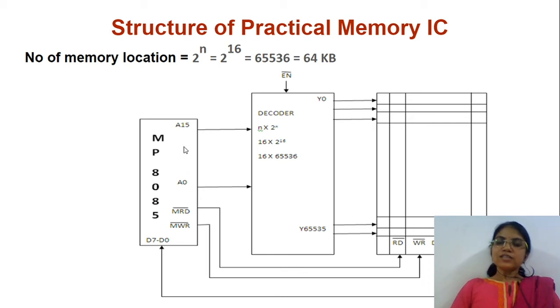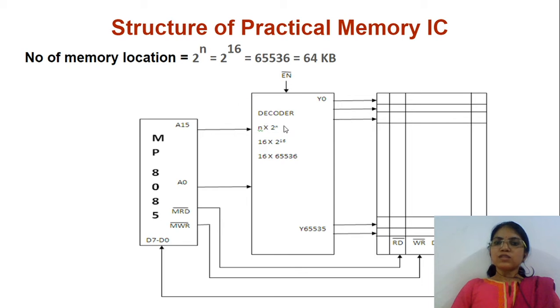We have already studied that microprocessor 8085 has 16 address lines, or 16 address pins. So each address line is connected with the input of the decoder. So depending upon the address lines, we first calculate the output of the decoder. The maximum address lines available with the MPU are 16.